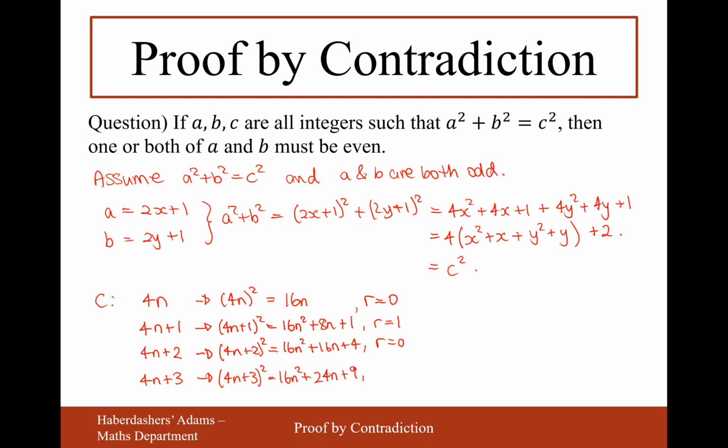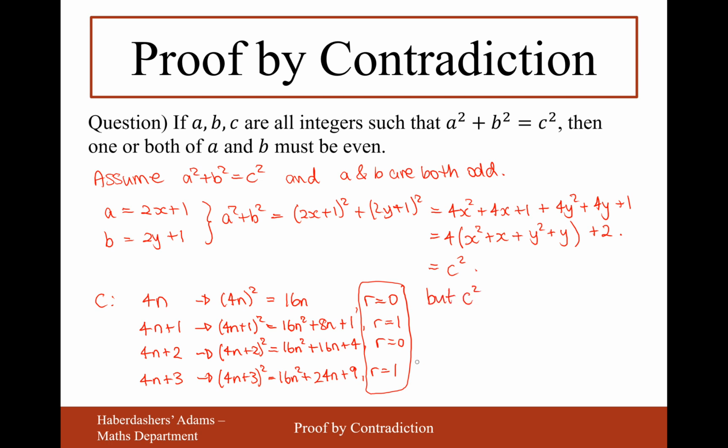So when I divide this by 4, that will give me 0, that will give me 0, this will give me 1 remainder. So in every single case that C could be, the only remainder that I would ever get when I divide by 4 is 0 or 1. It's never 2.